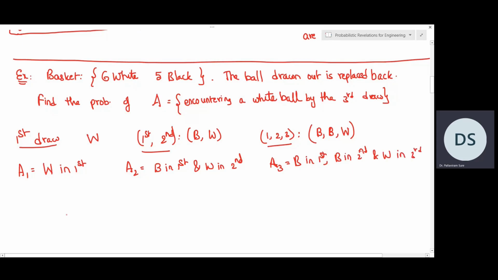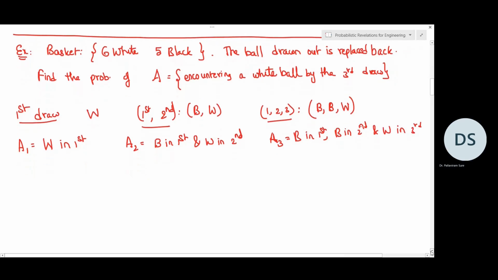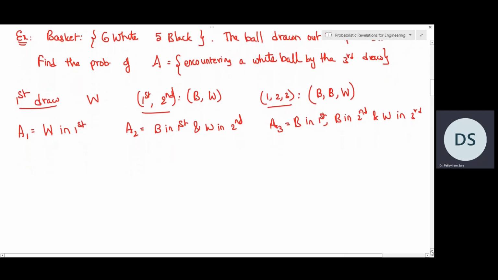So let's say these are the three sub-events, and these three events put together, the total event is event A. To find out the probability of A, we need to find out the probabilities of each one of these. That means we can express the event A as A1 union A2 union A3.